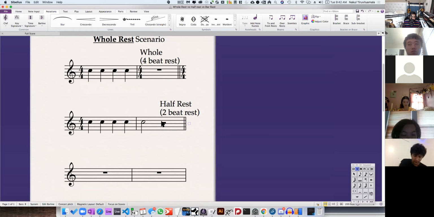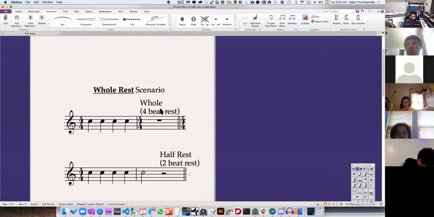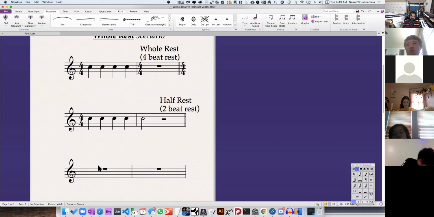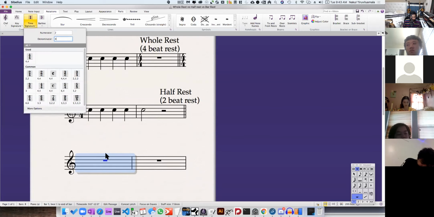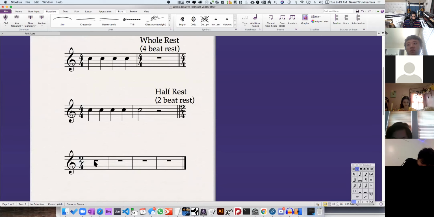It kind of looks like you've set a hat on this staff line. So a half rest looks like a hat. Whole rest is hanging, right? So this is a two-beat rest. But let's take a look at this scenario, okay?